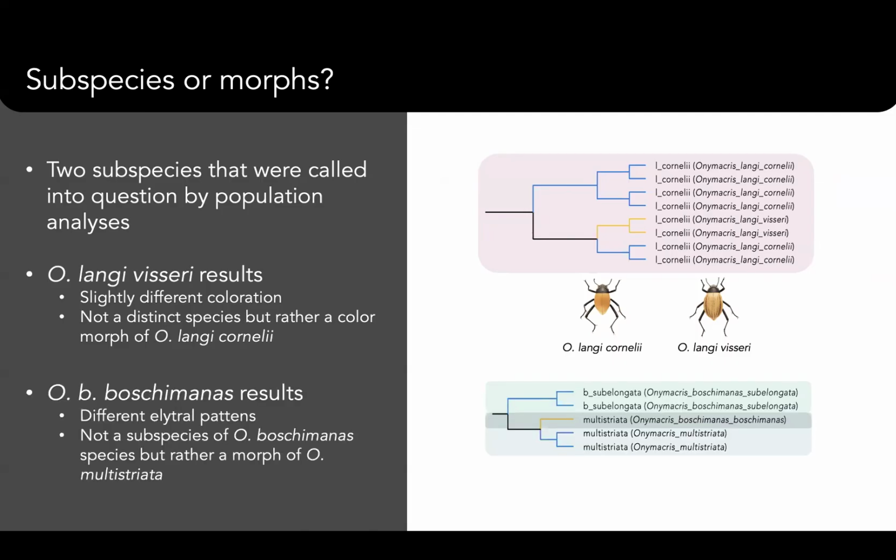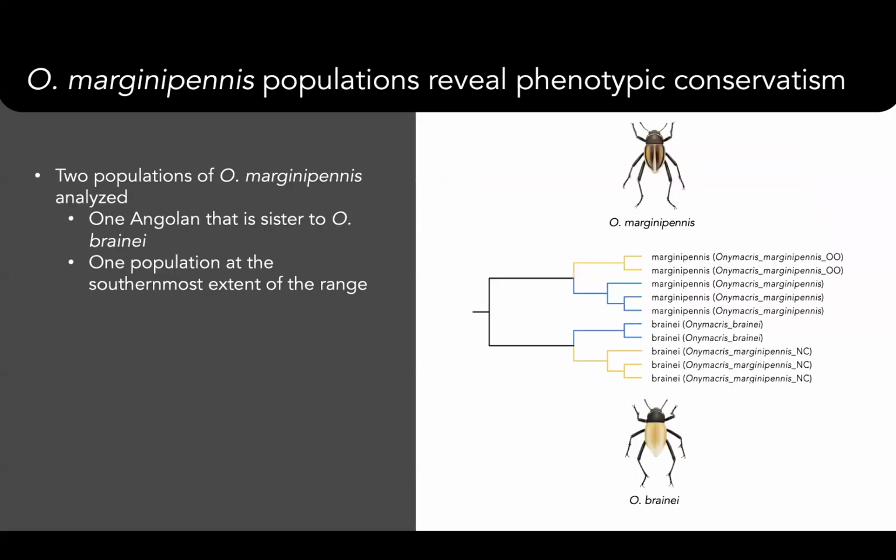And then for the Boschimanus, it has different elytral patterns to subunguata and multistriata. And in our analysis, it did group, as we expected, with multistriata based off of what we saw in the VAE. So it is not a subspecies of Boschimanus, but rather a morph of multistriata.